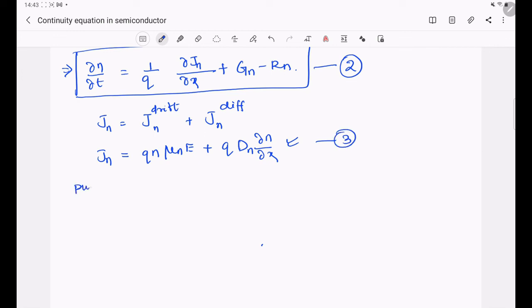Now we will put the value of Jn from equation 3 in equation 2.